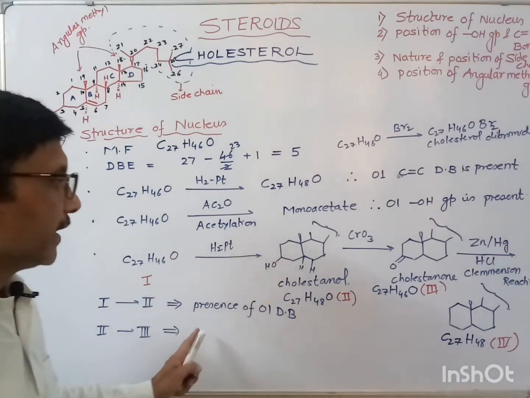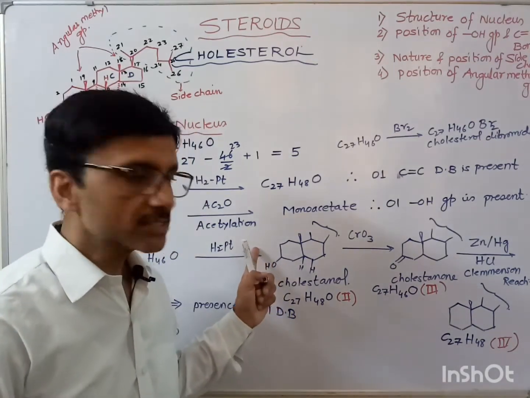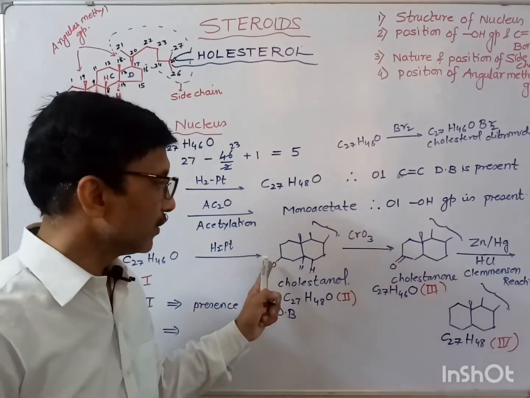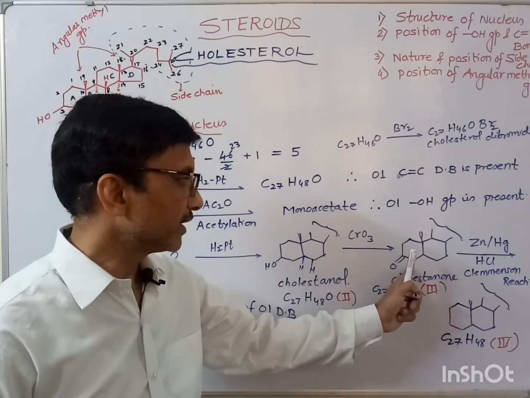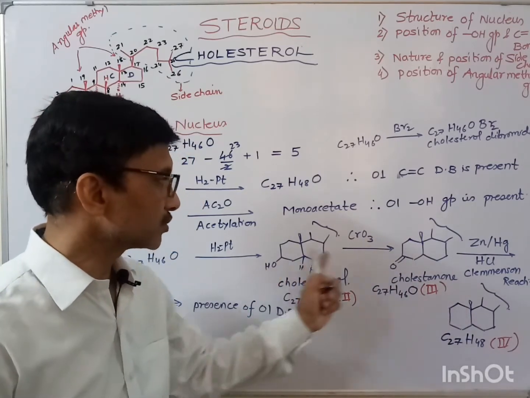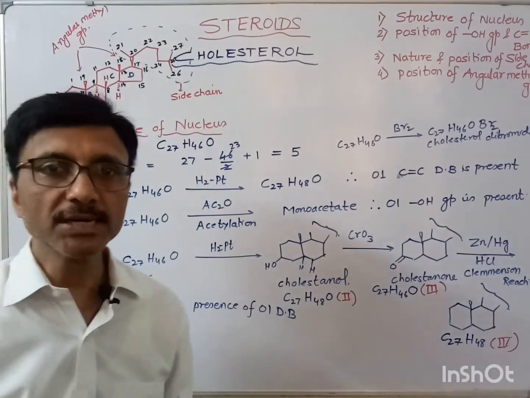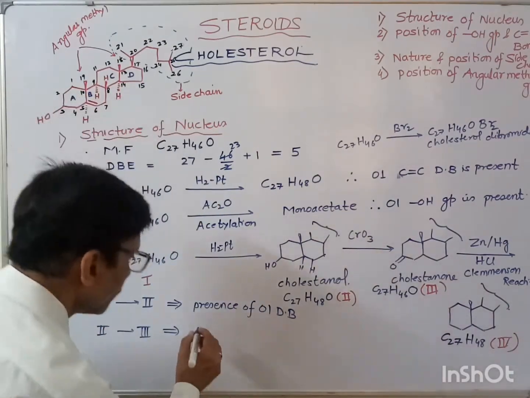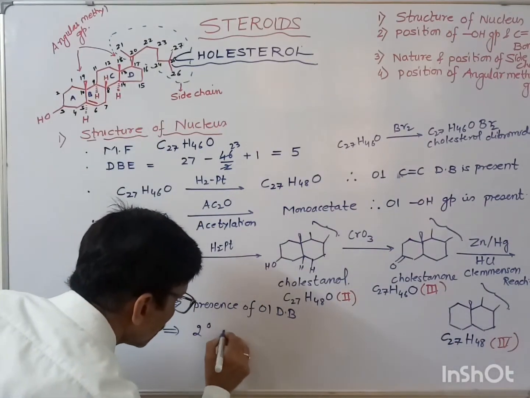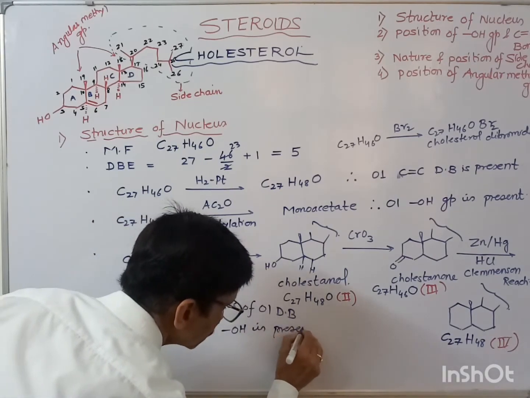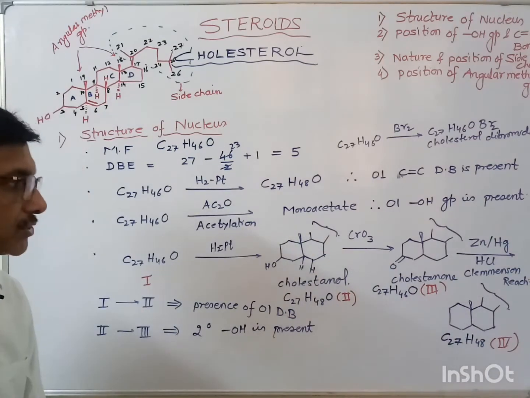It indicates that the OH is converted into a ketone. It means that when the alcohol is oxidized to a ketone, this alcohol is a secondary OH. So it tells the presence of a secondary OH.